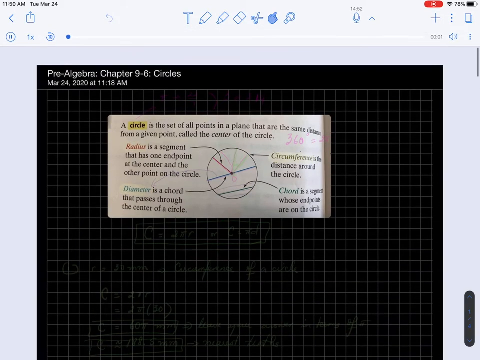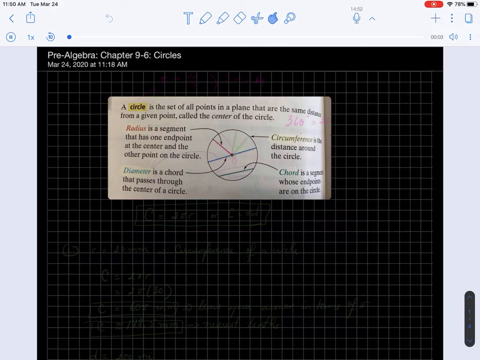Okay, today's lesson I am going to introduce you to the basics of circles. When you hear the word circles, you automatically think of pi. You need to think of pi either as 22 divided by 7.